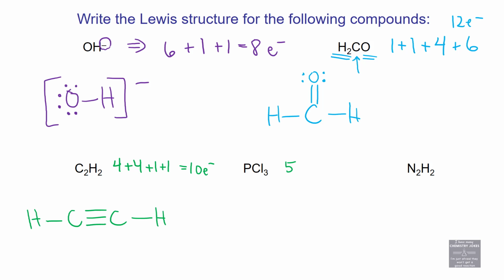Phosphorus has 5. Chlorine has 7. That gives me 26, if I did my math correctly, which I believe I did. So if I want to draw the Lewis structure of PCl3, I can start with phosphorus with the Cl's connected.